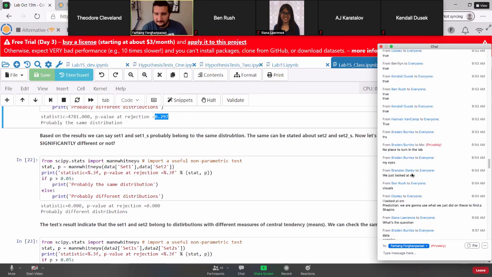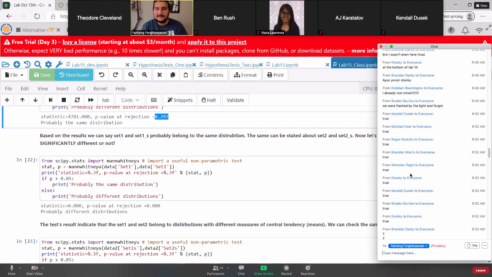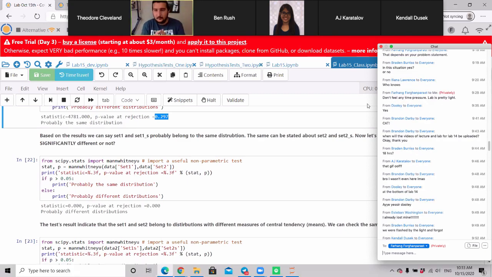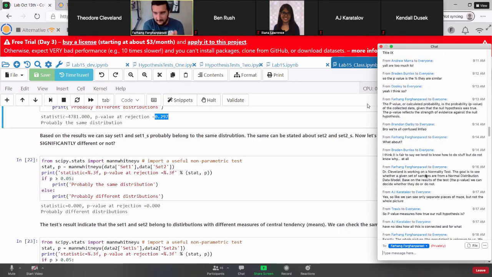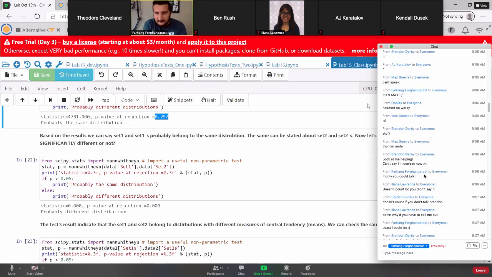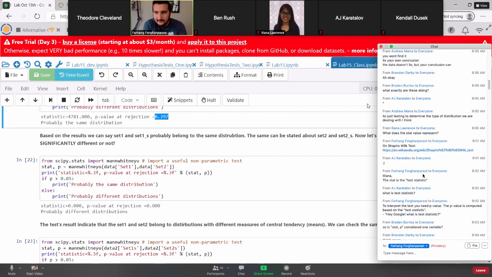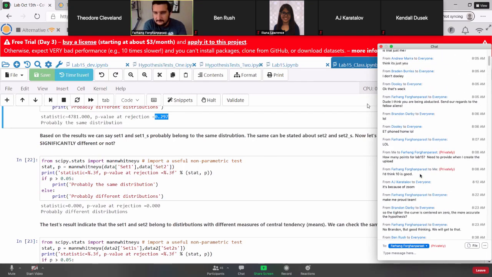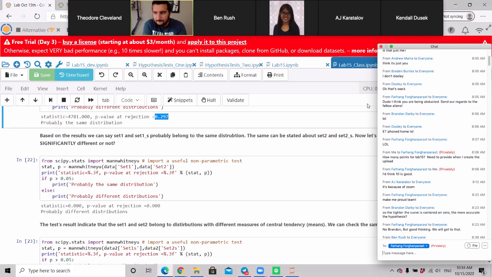Question: based on what we discussed on the plot, do you remember if set 1 and set 2 are different or not? We said true. I know you said true. What did that mean? Did that mean that they are the same or different? They're different. Okay.